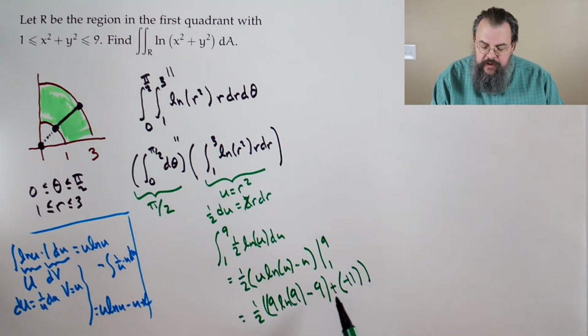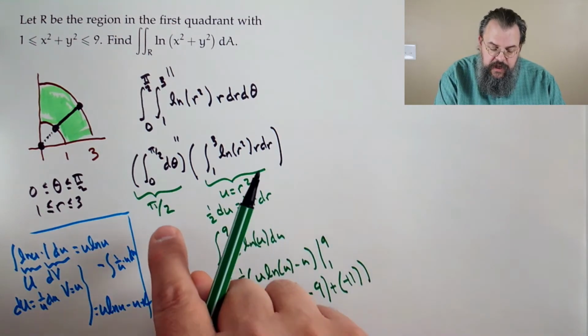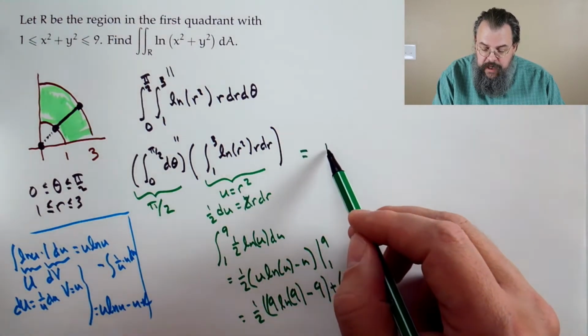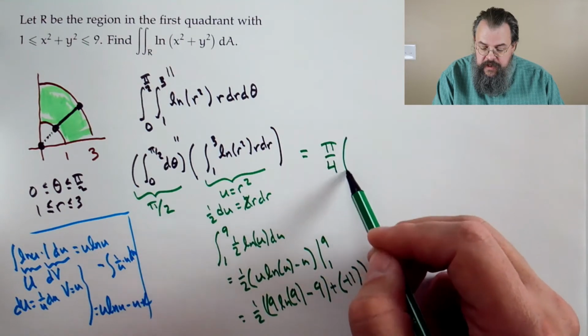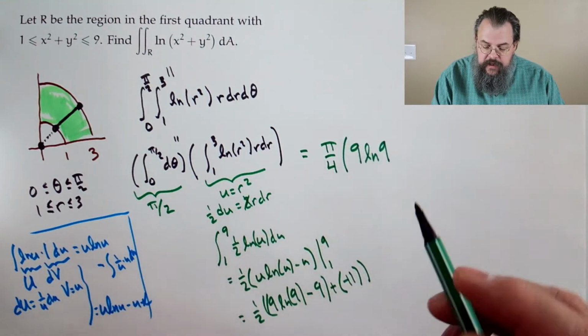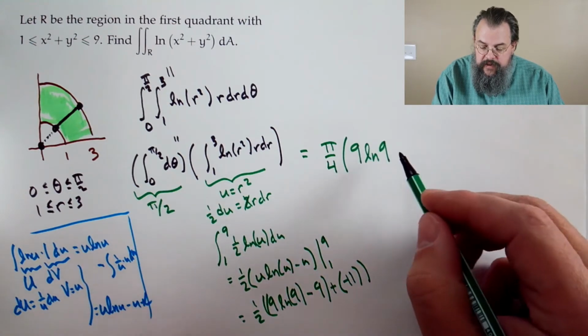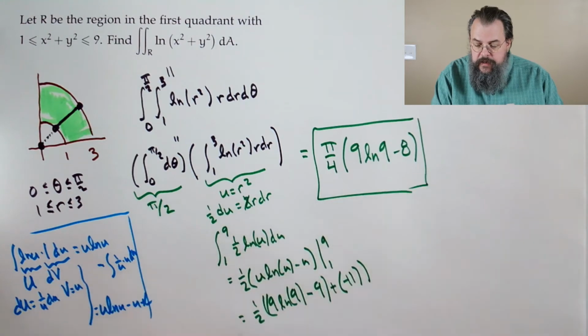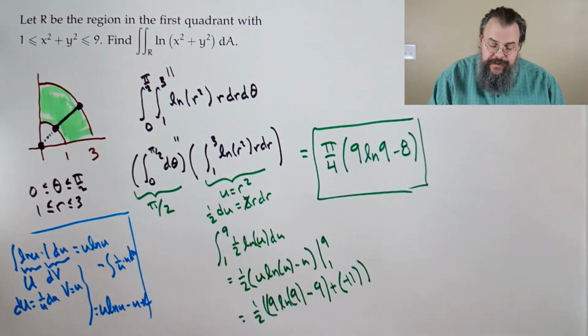Minus minus makes a plus, so really, this is like a minus 8 here. Don't forget that you have a half. So, put it all together. Pi halves times that gives us pi over 4. And then we have 9 log of 9, and minus 8. And that's it. That's the answer.